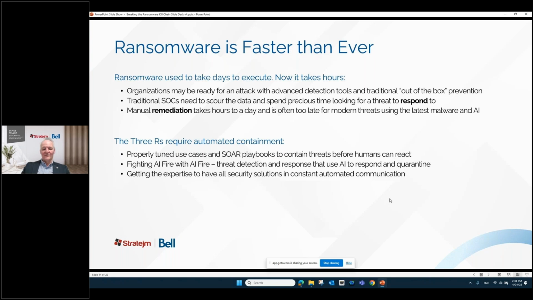There are many organizations, Bell Stratagem being one, that can help protect and work with you as a true partner and not just a traditional outsourcer in order to ensure that you're protected against the latest threats.